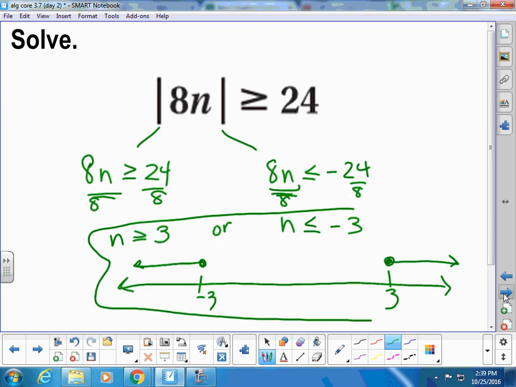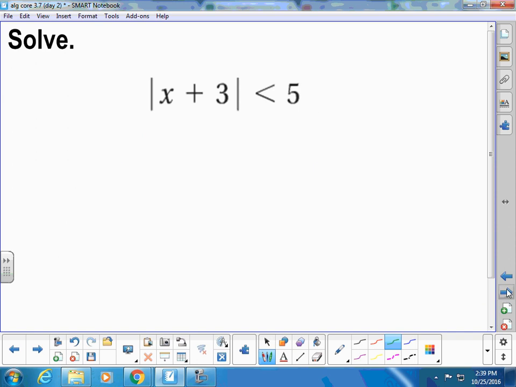along with their graph. When it's an "and," I should write it together like we did a few days ago. So let's see if we get an "and" one. Less than, so this is going to be an "and." We again write x plus 3 is less than 5 exactly as it is. And x plus 3, flip it, switch the sign. Subtract 3, subtract 3.